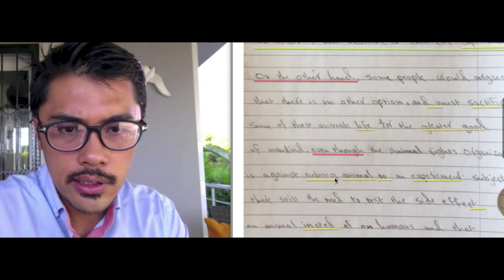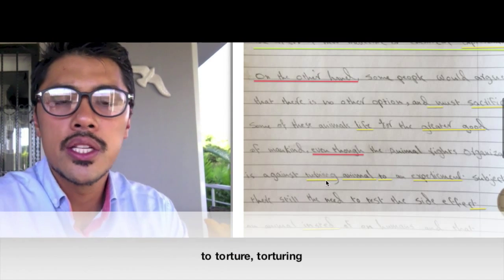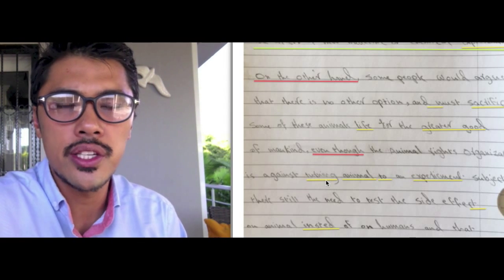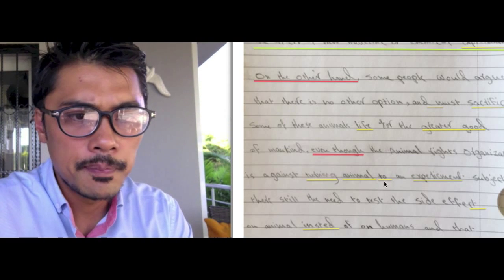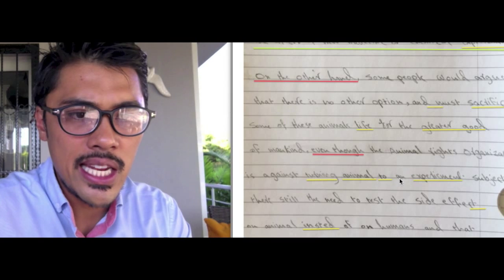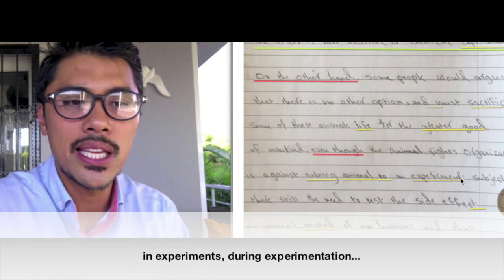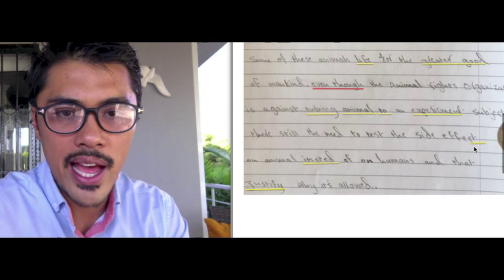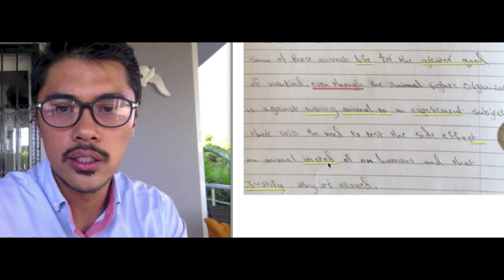Even though the torturing animals, spell it correctly, T-O-R-T-U-R-I-N-G, to torture, T-O-R-T-U-R-E is the base form. Torturing animals in experiments, E-X-P-E-R-I-M-E-N-T-S. Side effects with an S, instead I-N-S-T-E-A-D.